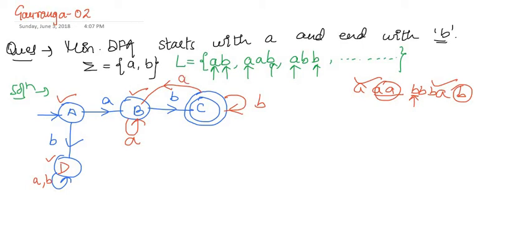This is how we can make it directly. Another way to make it is that we can divide our question into two parts.